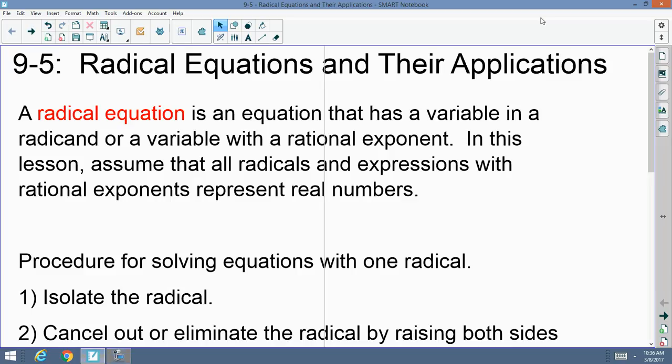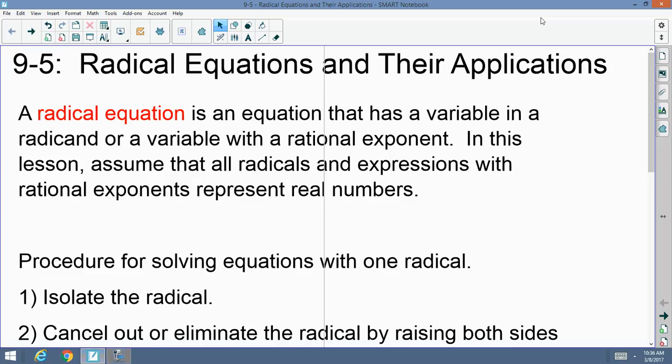Now, a radical equation is an equation that has a variable inside of the radical. It's part of the radicand, okay? Has a variable in a radicand or a variable with a rational exponent. Remember that you can have square root of x, or you can have x to the 1/2. It's still inside of a radical.